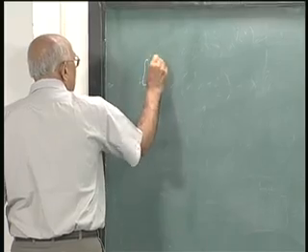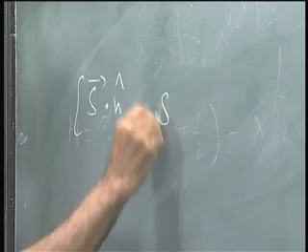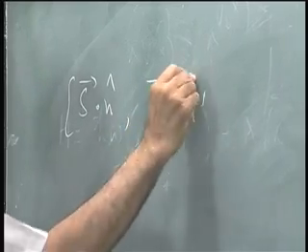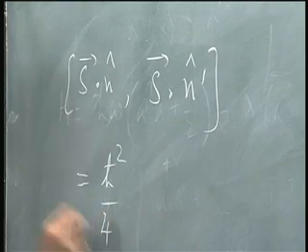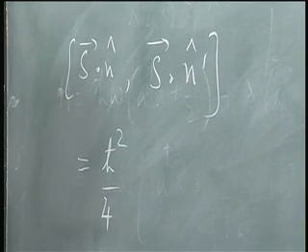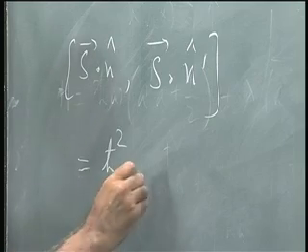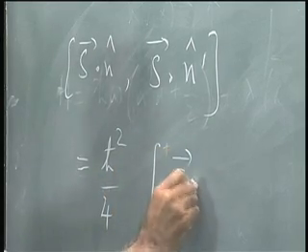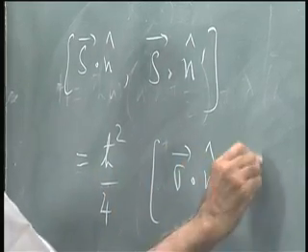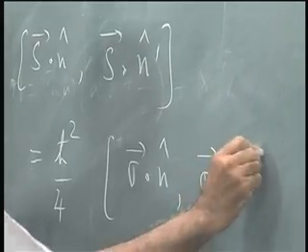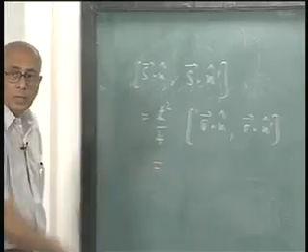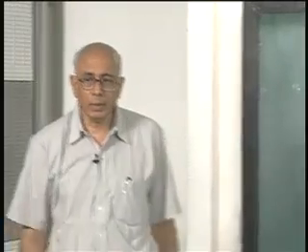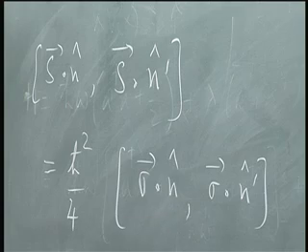So S·n with S·n prime is equal to ħ squared over 4, because S is ħ over 2 times the Pauli matrix, and then the commutator of σ·n with σ·n prime. What is this commutator equal to? That has been given to you, right. It is 2i (n cross n prime) in that order.